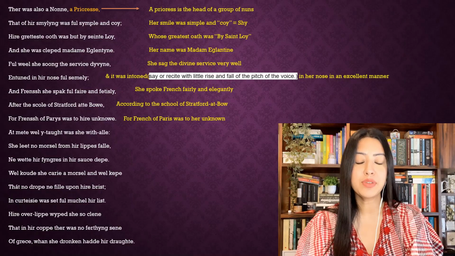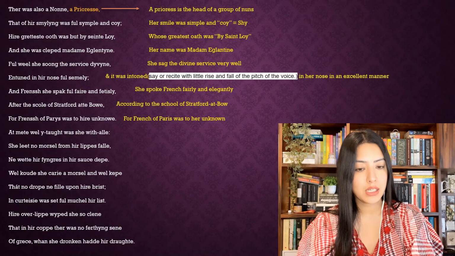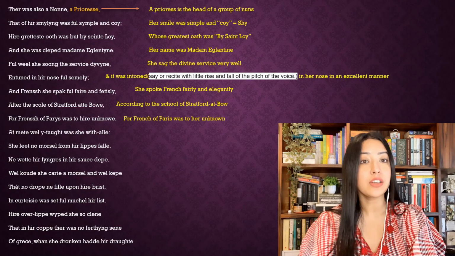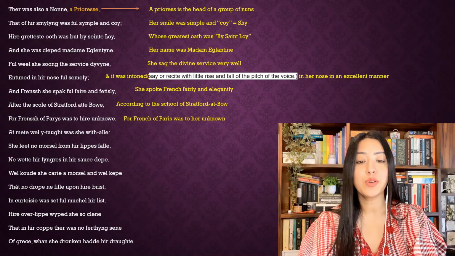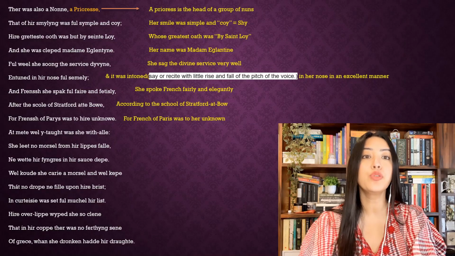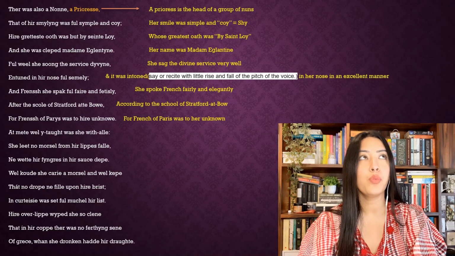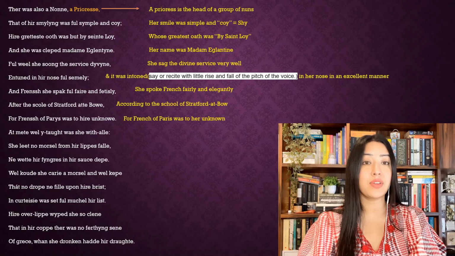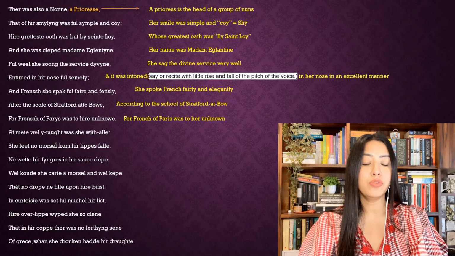So now we have come to one of the most interesting characters in the Canterbury Tales, and the way that Chaucer describes her is with a touch of irony and satire. So this is the prioress. Okay, there was also a nun or a prioress, and who is a prioress? She is the head of a group of nuns. So why he uses satire and irony in describing her, you'll understand this very well as we move forward.